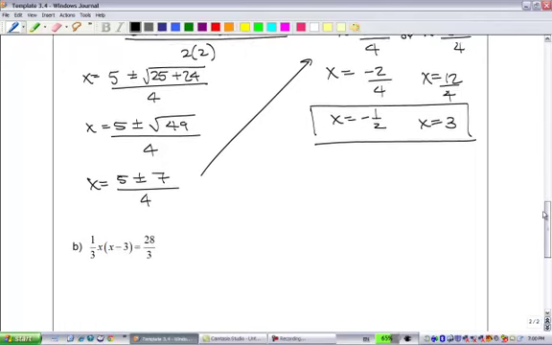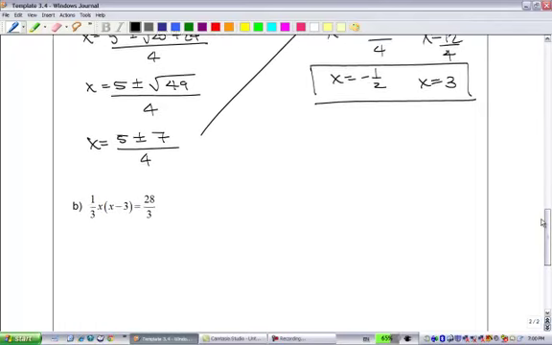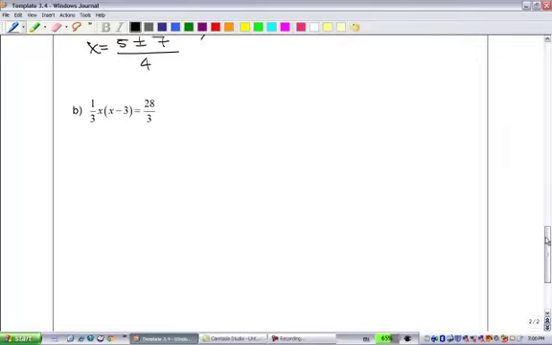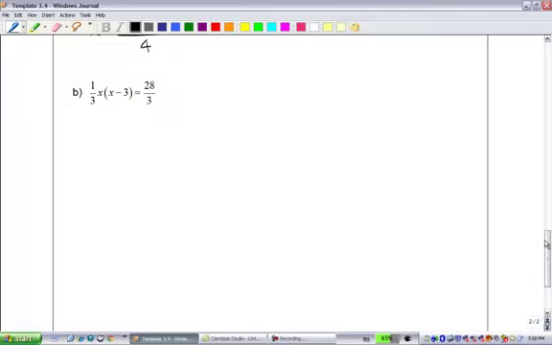Here, the second example, you're probably going to want to get rid of the fractions. In this case, we have division by 3. It's always useful, I think, to multiply everything by the lowest common denominator to get rid of it. So let's just multiply everything by 3. Let's see what happens here. The 3 times a third is just an x, and x minus 3 equals 28.